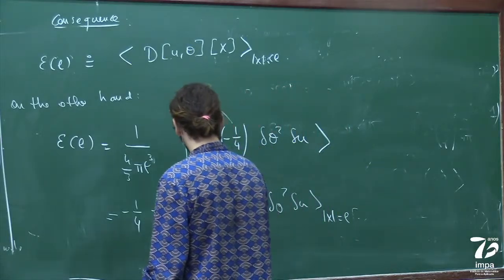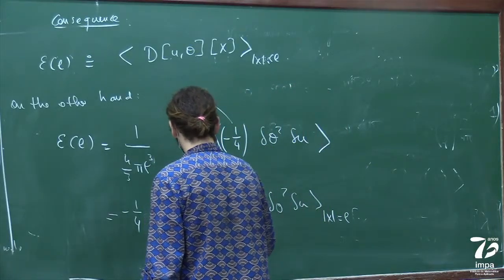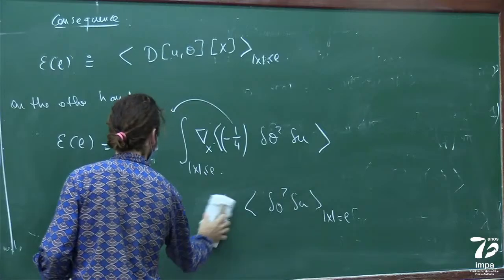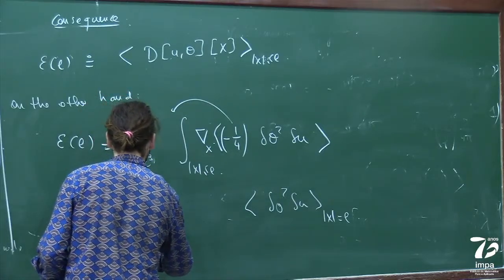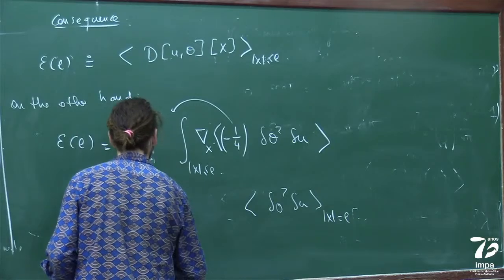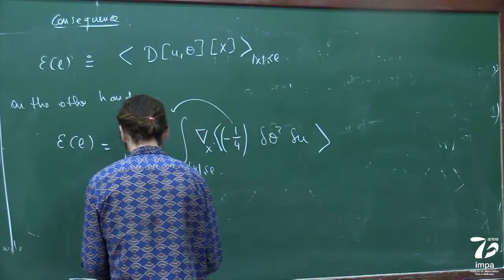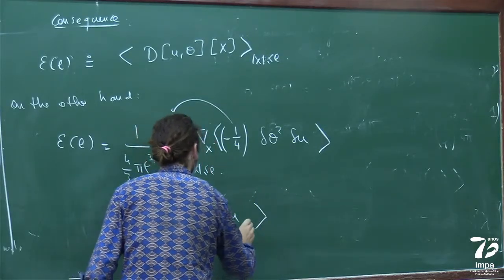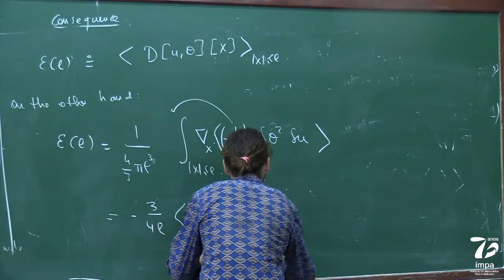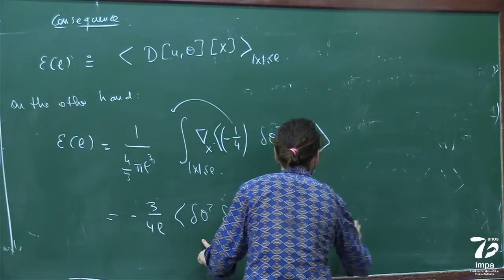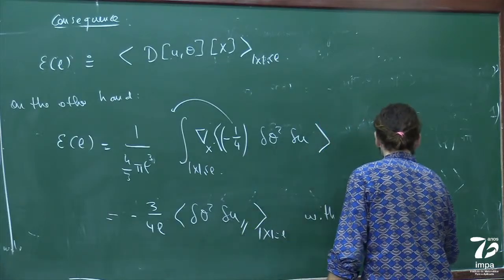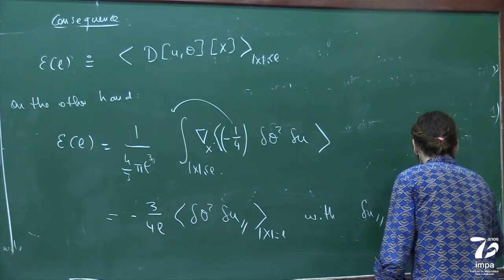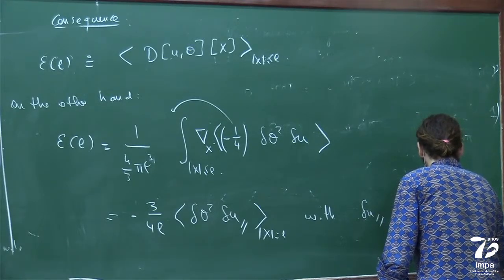So we are left with minus 3/4 of L, or minus 3 over 4L of delta theta squared delta u parallel at x equal L, with delta u parallel being delta u dotted with the vector x over x.